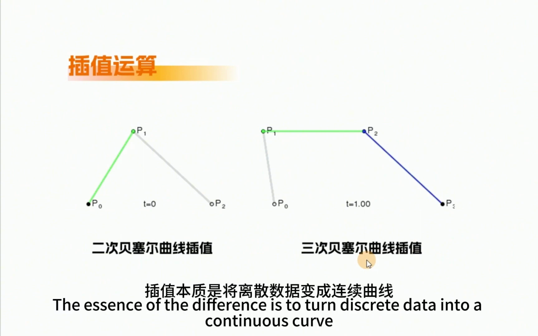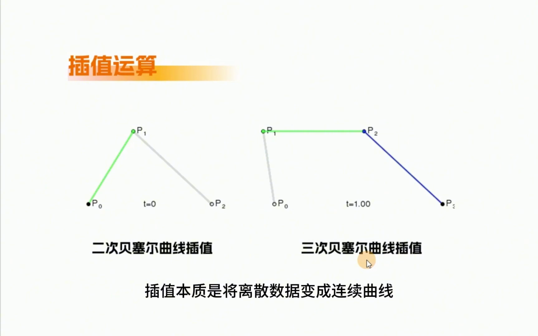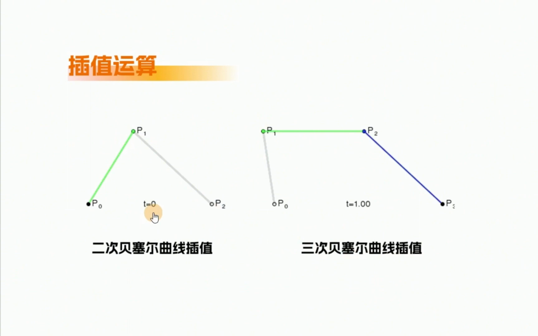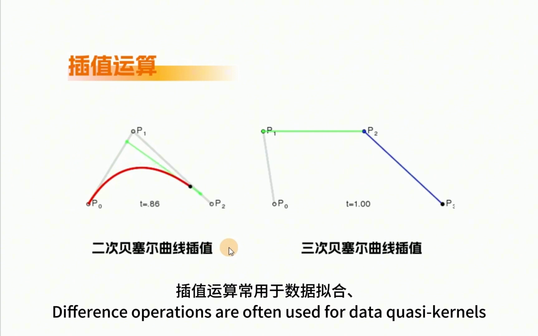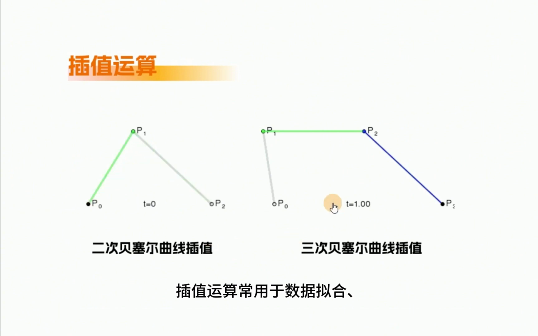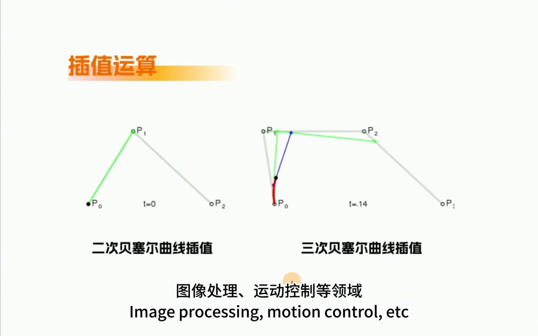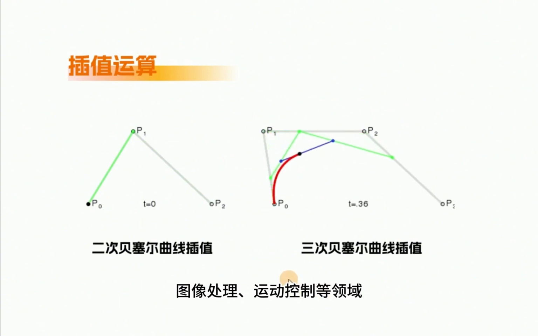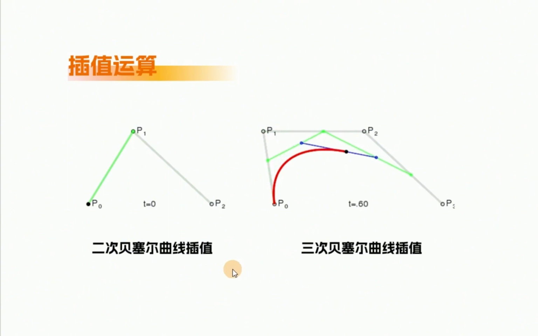The essence of interpolation is to turn discrete data into a continuous curve. Interpolation operations are often used for data fitting, image processing, motion control, etc.